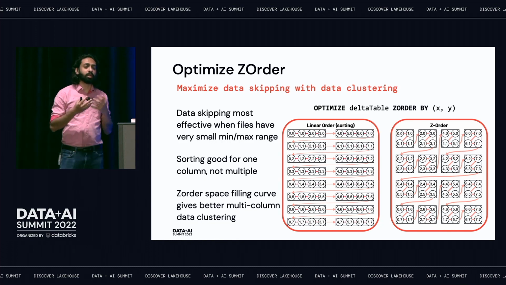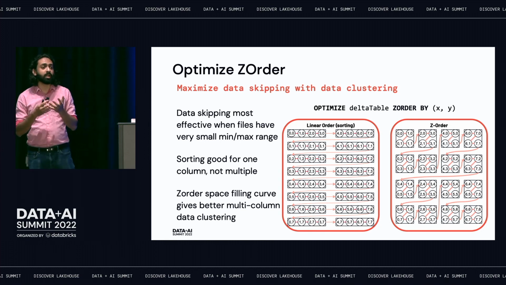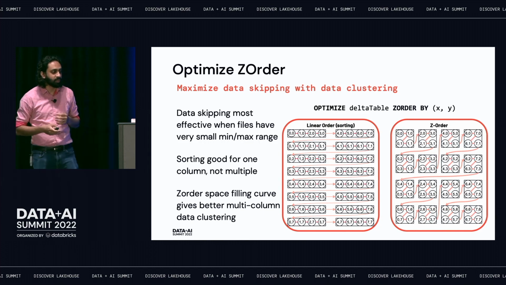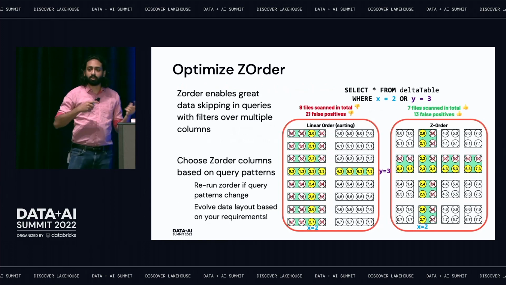Now, to put it in contrast, if you have a query which is filtering by one column, you would sort the entire table by that column, which is great. It's easy to find. But the moment you have something like, let me go to the next slide, I'll go back and forth.